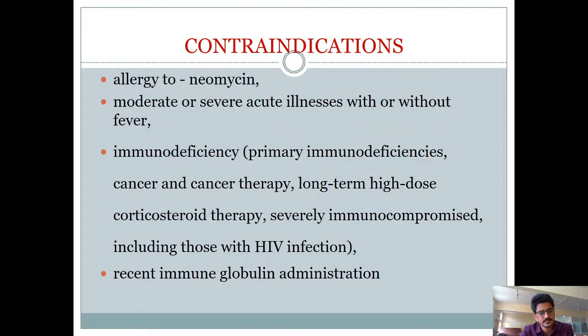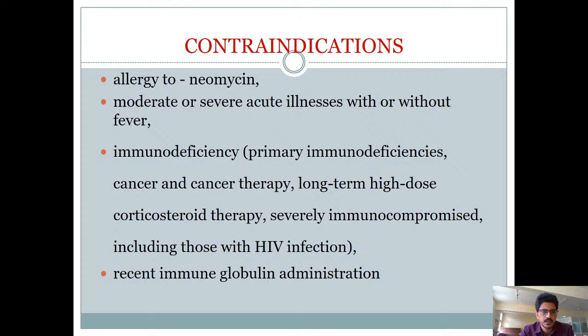Allergy to neomycin, because neomycin is added in the MMR and mumps vaccine as a stabilizer. In moderate to severe acute illness with or without fever, and in case of immunodeficiency, primary immunodeficiency, cancer and cancer therapy, long-term high-dose corticosteroids, severely immunocompromised, including those with HIV infection.